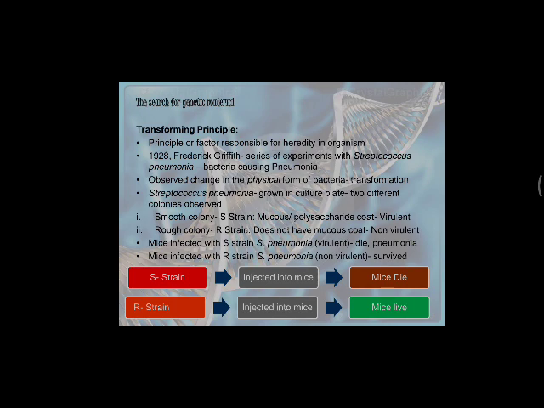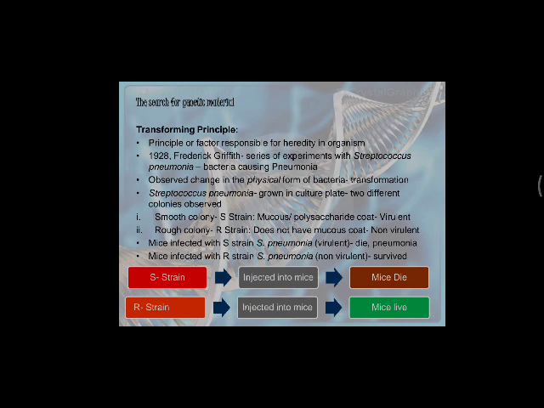He cultured both colonies, the S strain and the R strain. He injected the S strain into mice, and the mice died due to pneumonia.